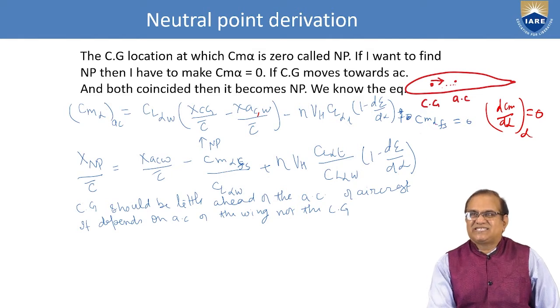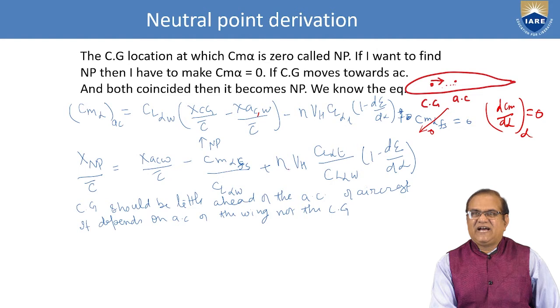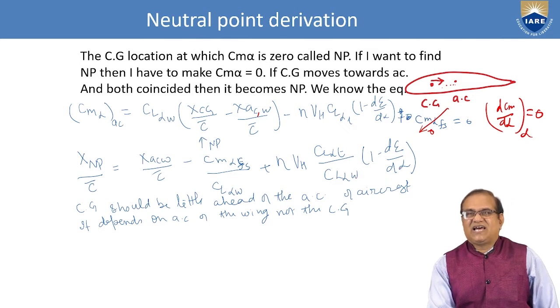We have neglected the effect of this thing. So here we can see XACW by C bar minus Cm alpha Fs by Cl alpha W, plus neta VH Cl alpha T, where T indicates the tail and W indicates the wing, 1 minus d epsilon by d alpha.